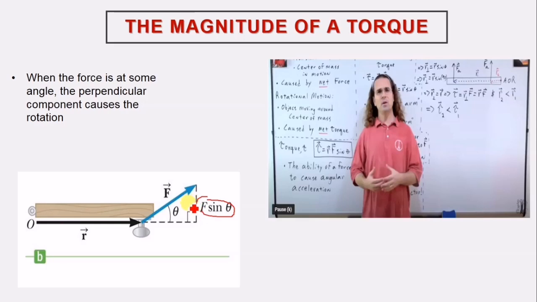Because I explained in the previous slide that the component which is parallel to the distance doesn't cause any rotation. So when the force is at some angle, only the perpendicular component causes the rotation.